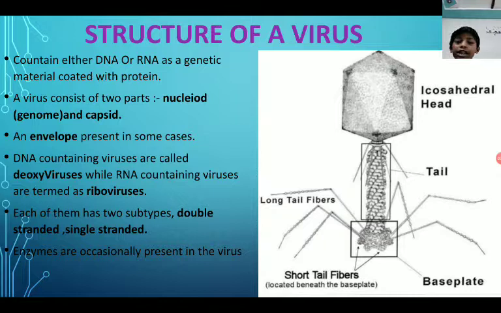The envelope is present in some cases only. DNA containing viruses are called deoxyviruses, while RNA containing viruses are termed riboviruses. Each of them has two subtypes, double-stranded and single-stranded. Enzymes are occasionally present in the viruses.